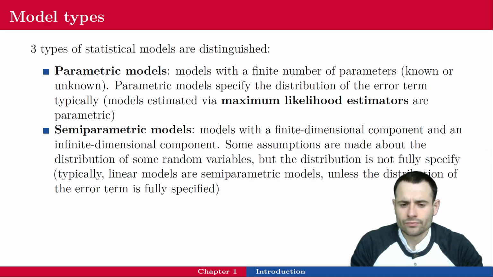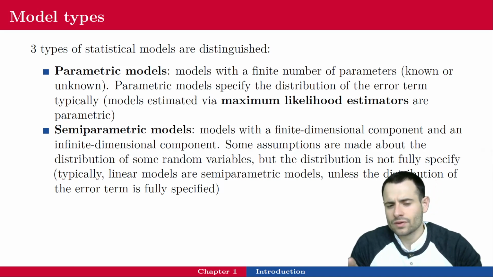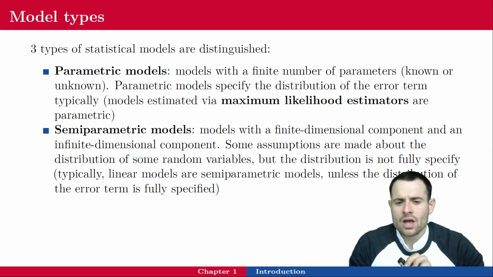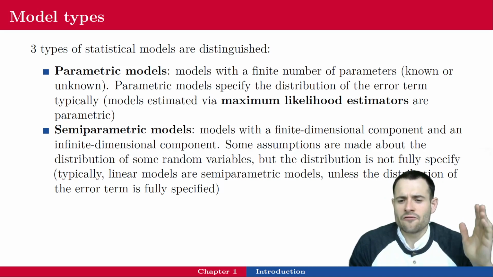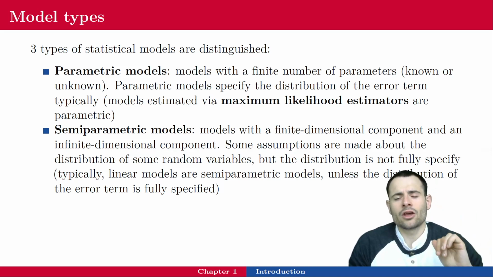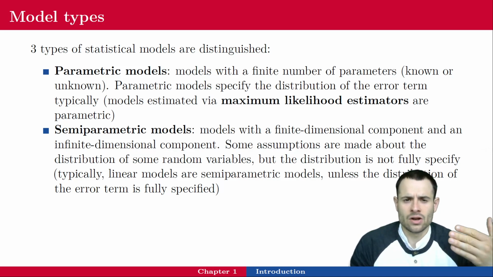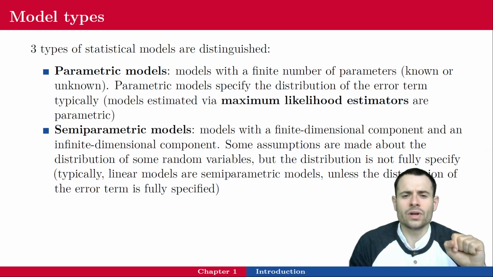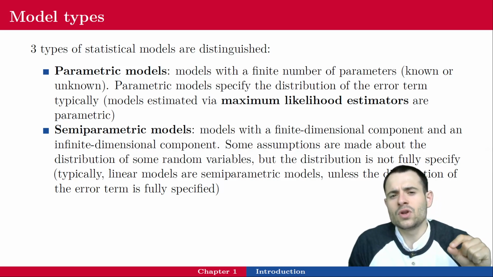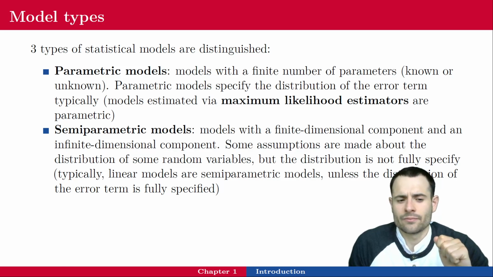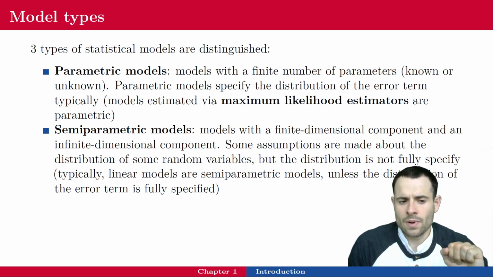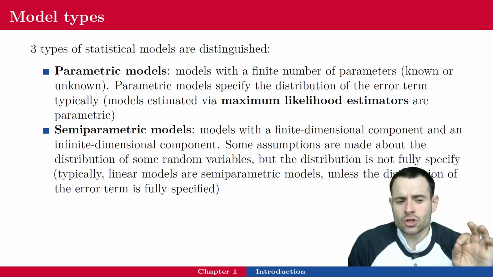Semi-parametric models have a bit of both. They are models with a finite dimensional component. Again, think about beta 1, beta 2, beta 3 in a linear regression model. But there is an infinite dimensional component. And what I mean by infinite dimensional component is pretty much that there is something that we don't necessarily specify. So, some assumptions are made about the distribution of some random variables, but the distribution is not fully specified.